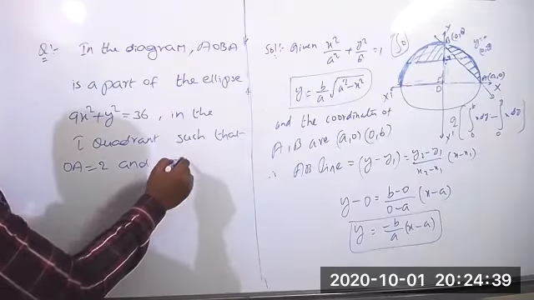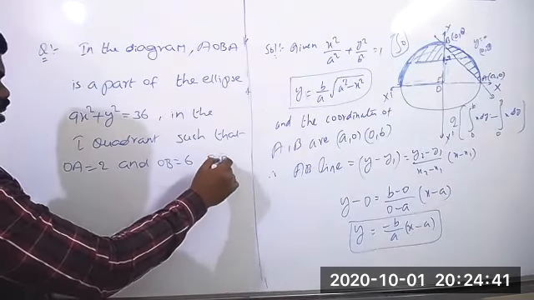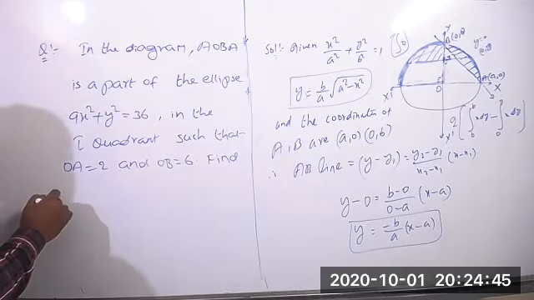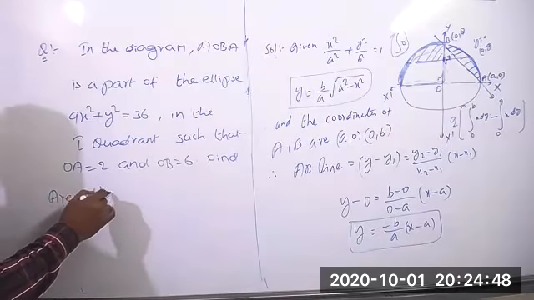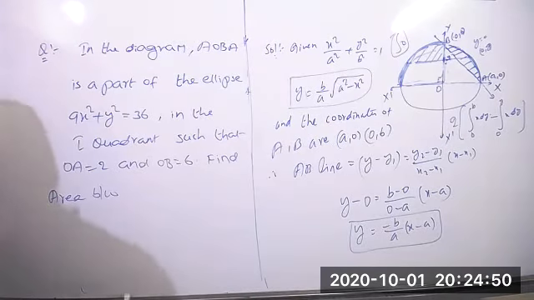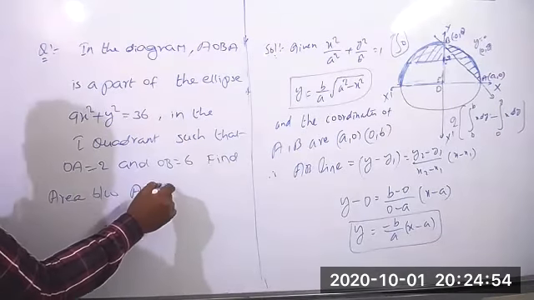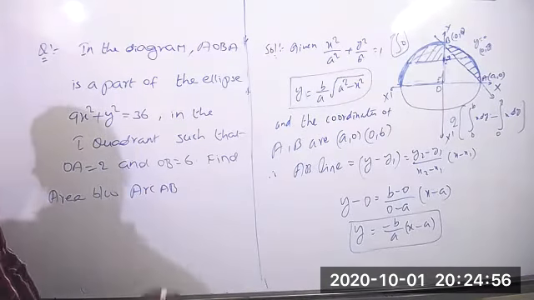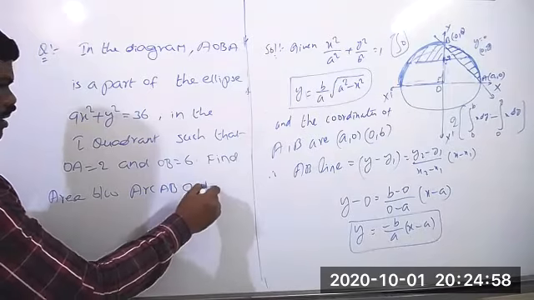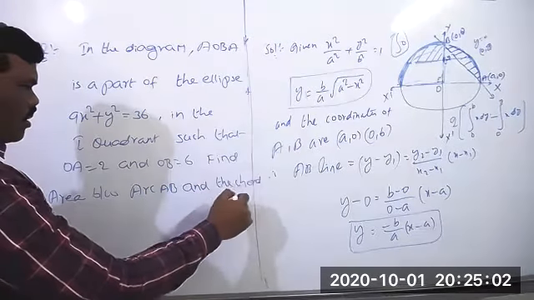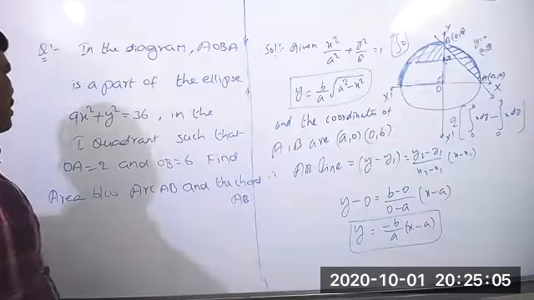Find the area between the arc AB and the chord AB.